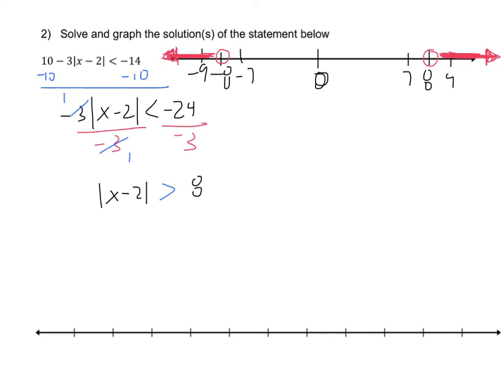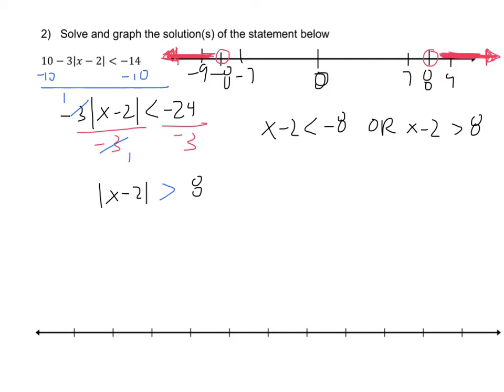So what we have is that x minus 2 could be less than negative 8, or x minus 2 could be greater than positive 8. That's from looking at this graph.